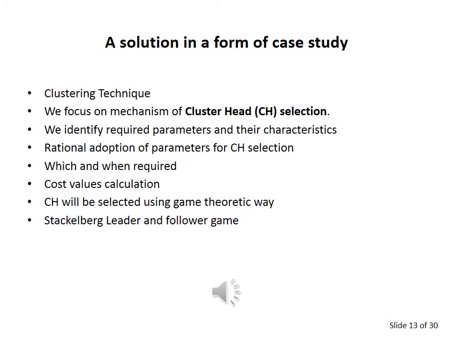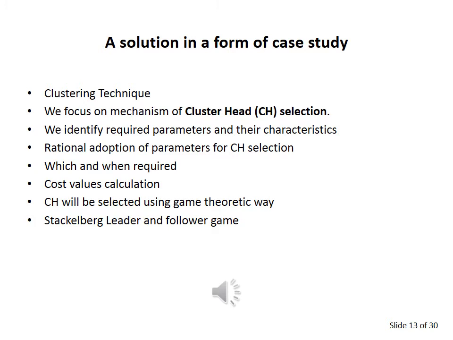And here I am explaining that we are explaining the case study by applying two types of game theory, that is the evolutionary game theoretic model and the Stackelberg leader and follower game model.